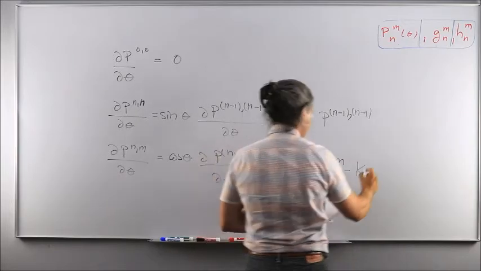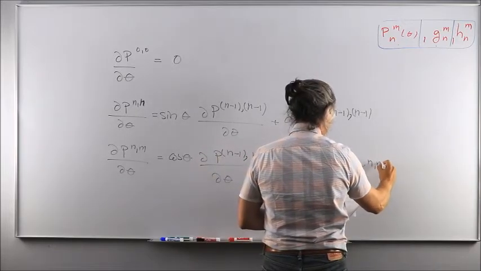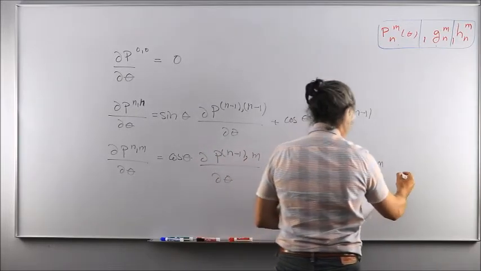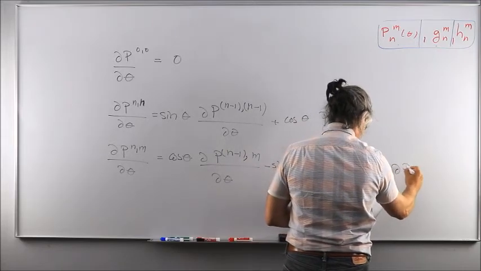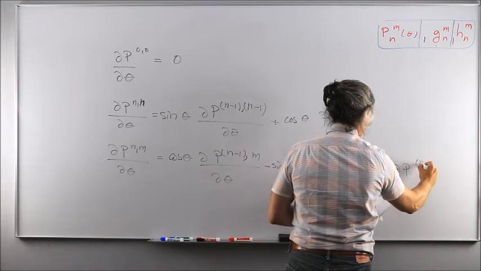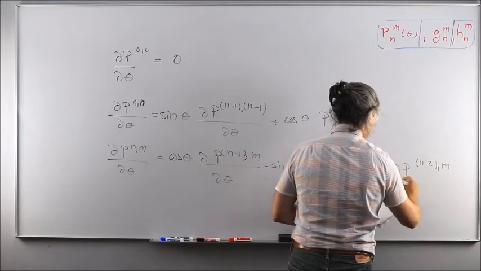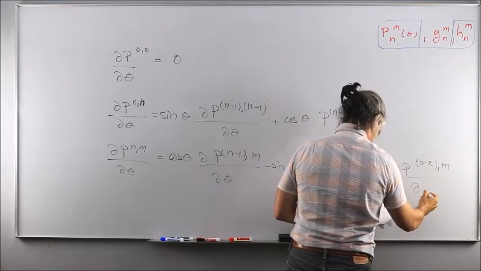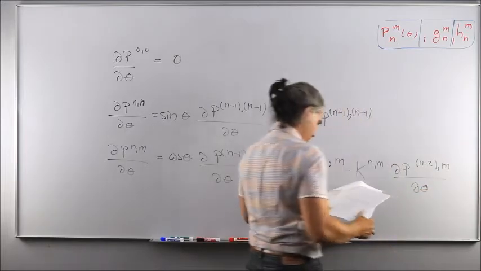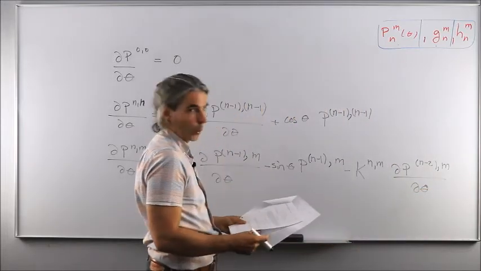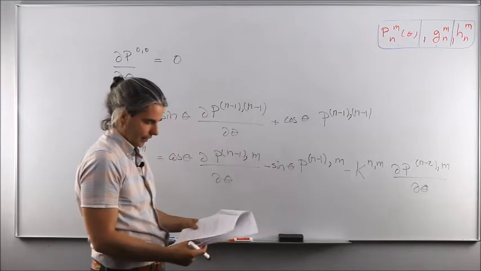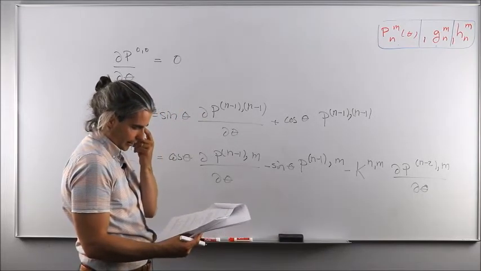Remember the k terms we had defined previously, now it comes back. And then partial derivative, oh boy, of degree n minus 2, order m with respect to co-elevation. Not straightforward, isn't it?